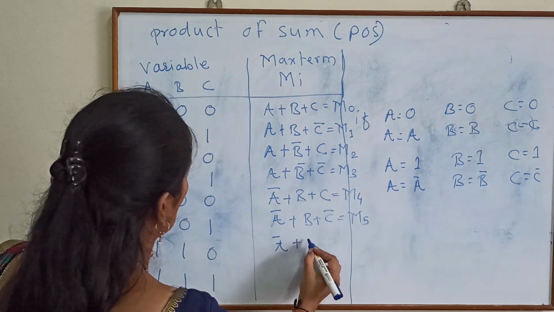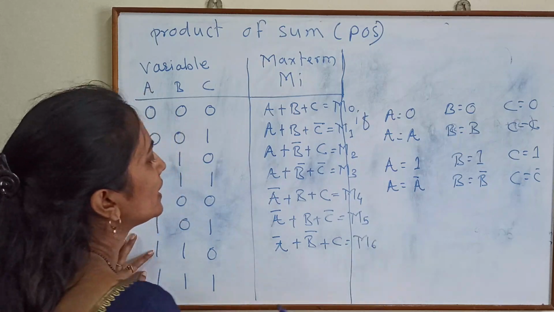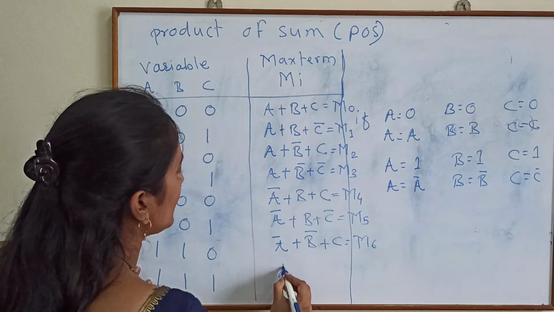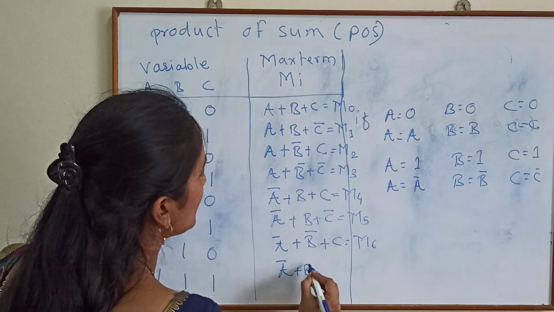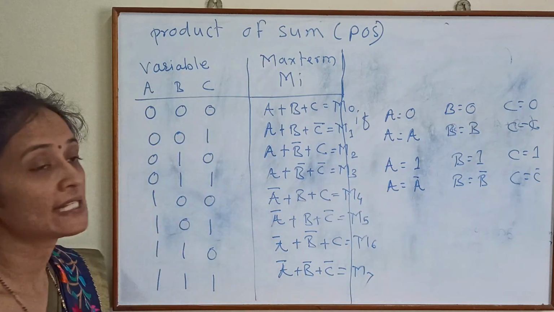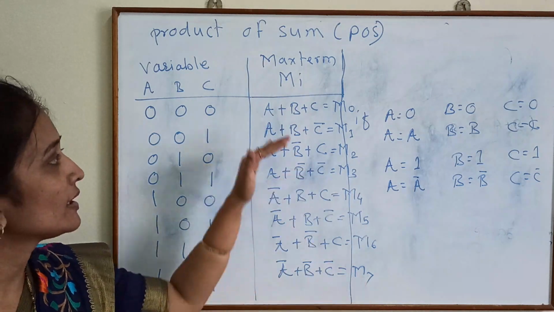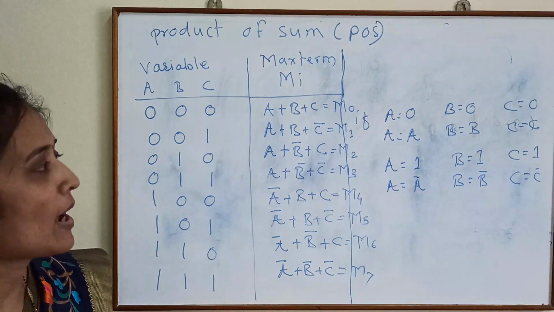A bar plus B bar plus C, that is equal to M6, and A bar plus B bar plus C bar, that is equal to M7. We have written all 8 max terms. Each and every term is called a max term.